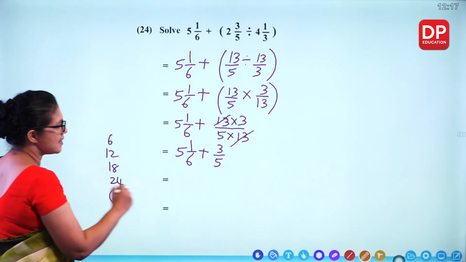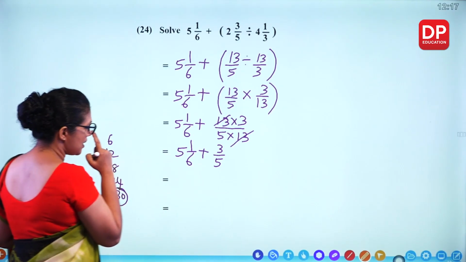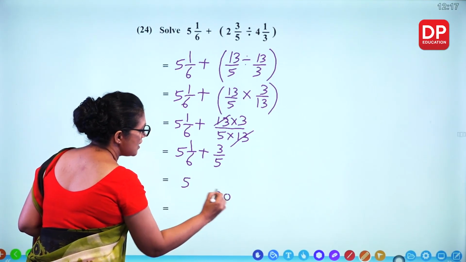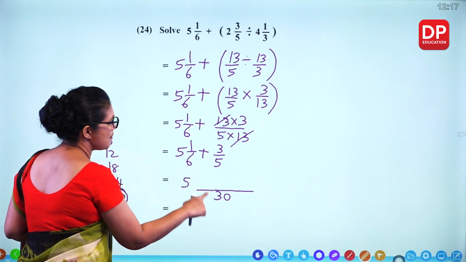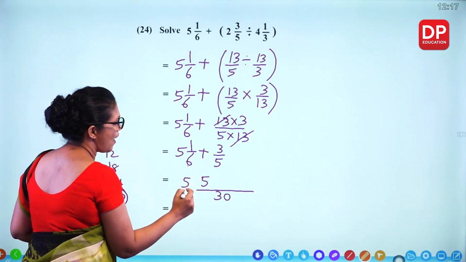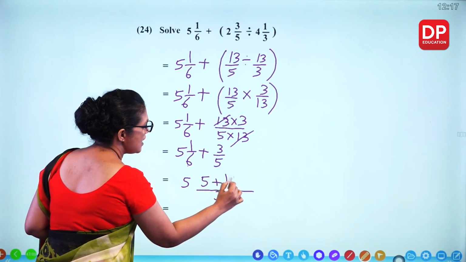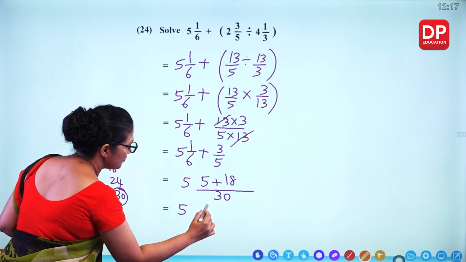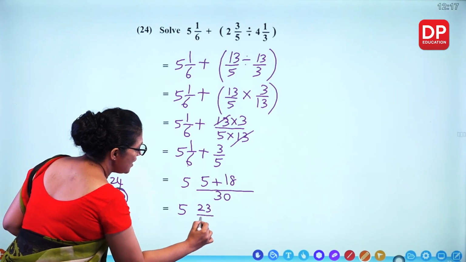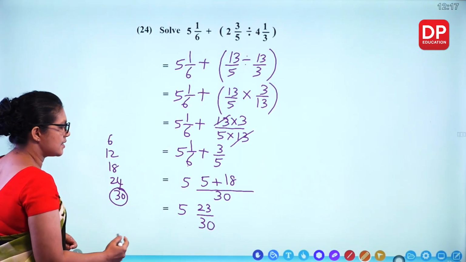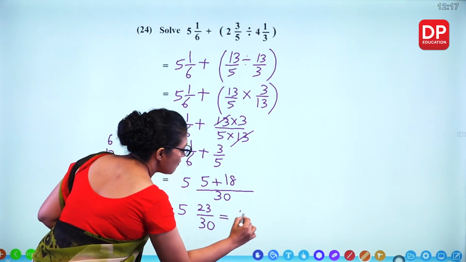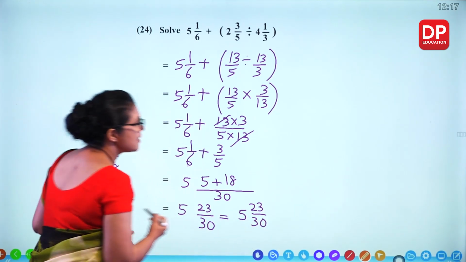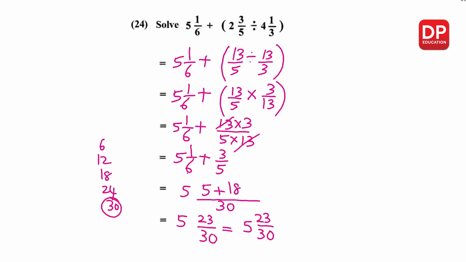So 30 is the lowest common multiple. So 5 is there, convert to 30. This is 5 times 6, so 5 times 1, 5. 6 times 3, 18. So 5 and 23 out of 30. So you can write nicely here 5 in the middle, 23 out of 30 as the answer.